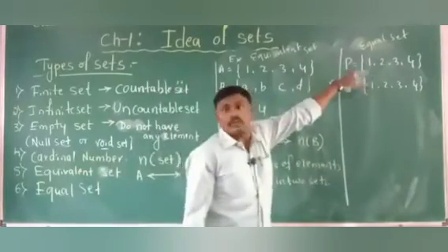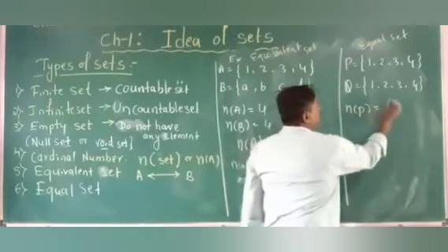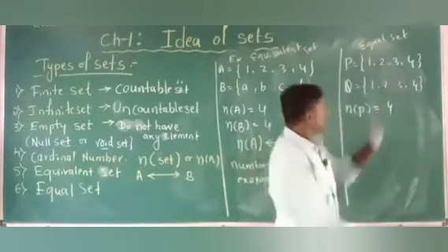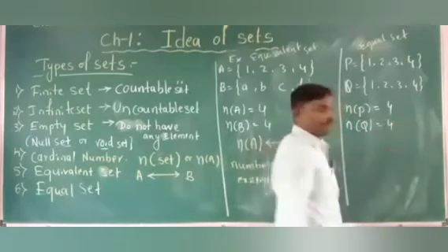And count the number of elements existing in these two sets. How many elements are there in set P? 4 elements. Whereas set Q also has 4 elements.